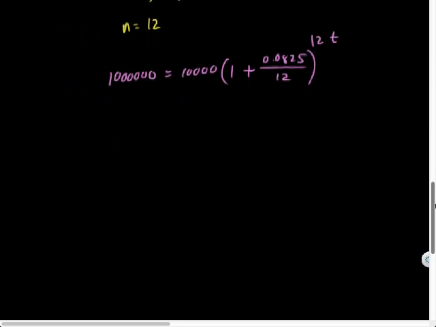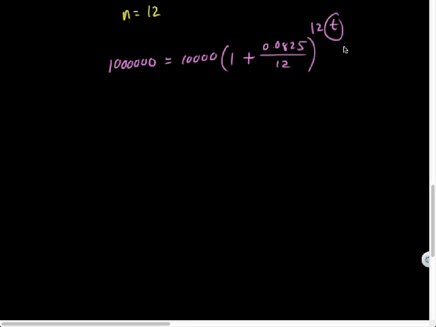And notice if I could solve for t, that would tell me how long it would take to get $1 million, or $500,000, because technically I already invested the 10,000. So in order to solve this, first thing I'd like to do, I'm going to divide both sides by this 10,000. Why not?